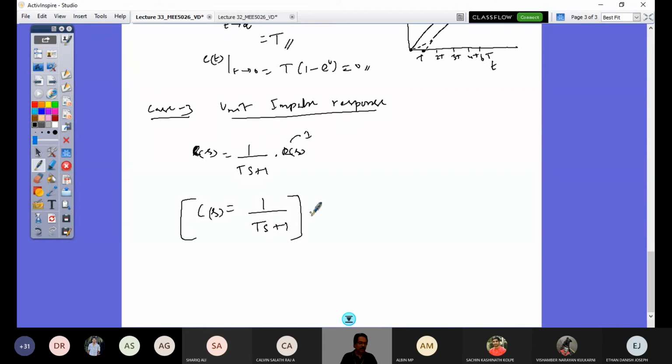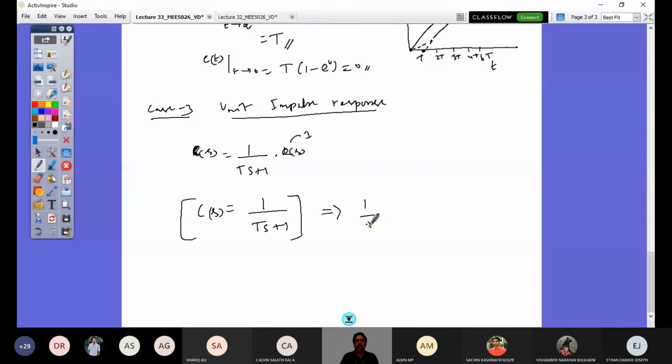So now I would rewrite this in a convenient form to apply the inverse Laplace transform. I will take 1 by T out. So it is going to be 1 by s plus 1 by T, right?